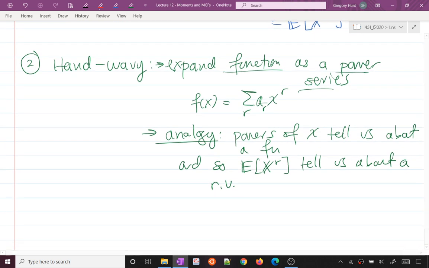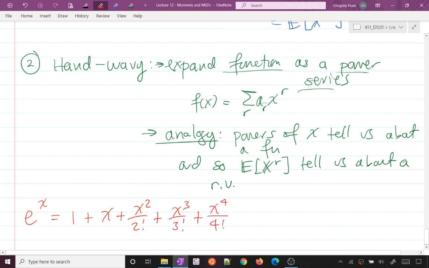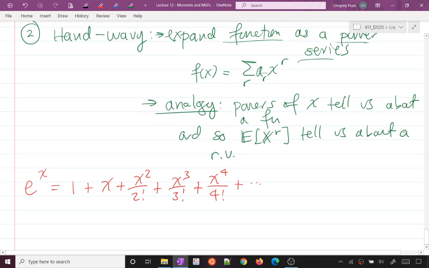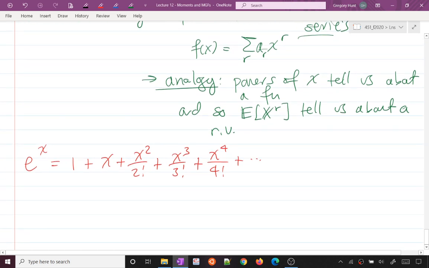A little less hand-wavy way to look at this is that if I look at the power series of e to the x, recall what the power series is. It's 1 plus x plus x squared over 2 factorial plus x cubed over 3 factorial plus x to the 4th over 4 factorial, etc. That's the power series of e to the x.